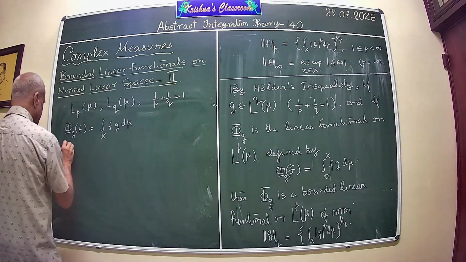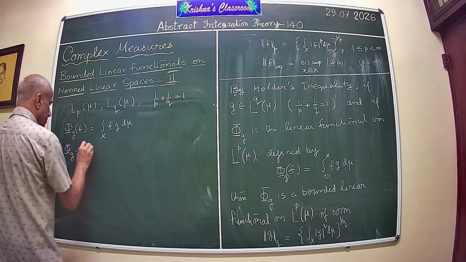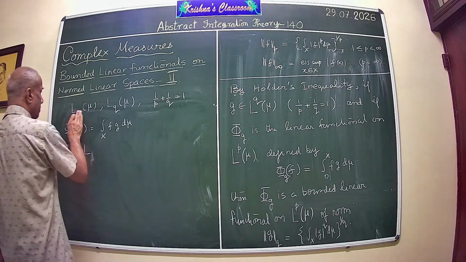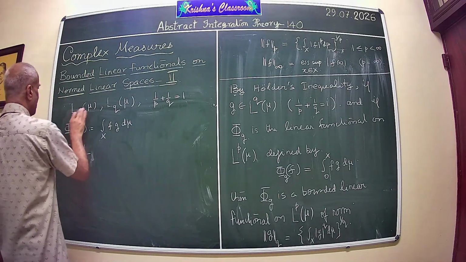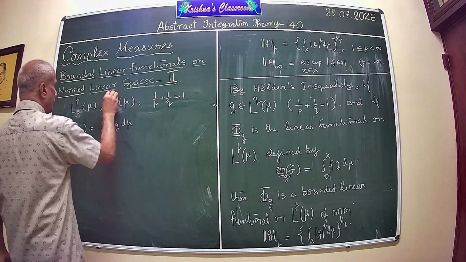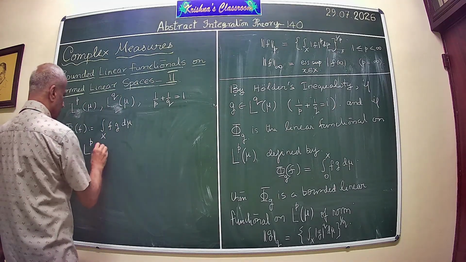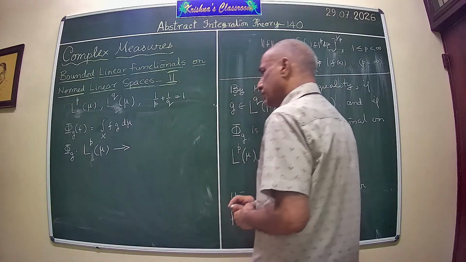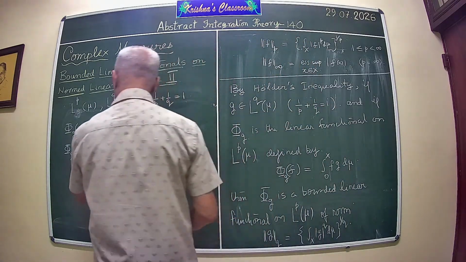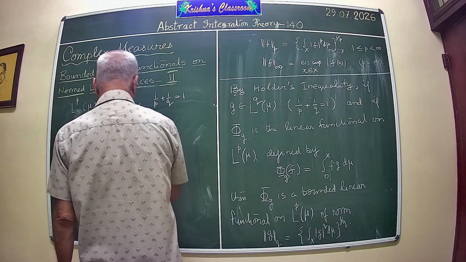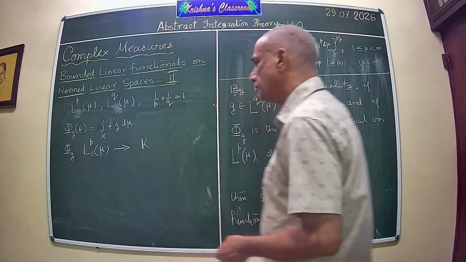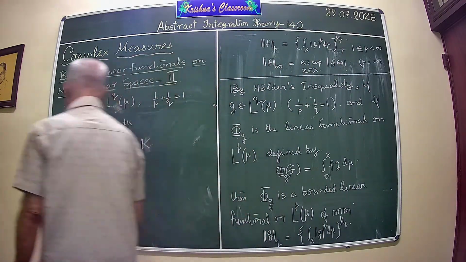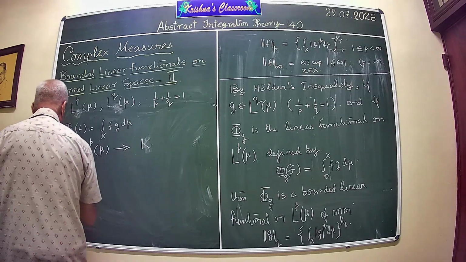Now phi g is defined from that normed linear space to K. It is a linear map.